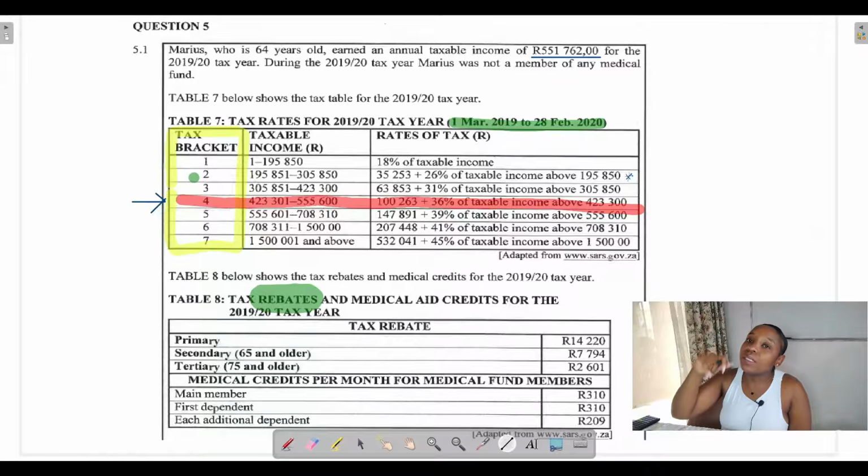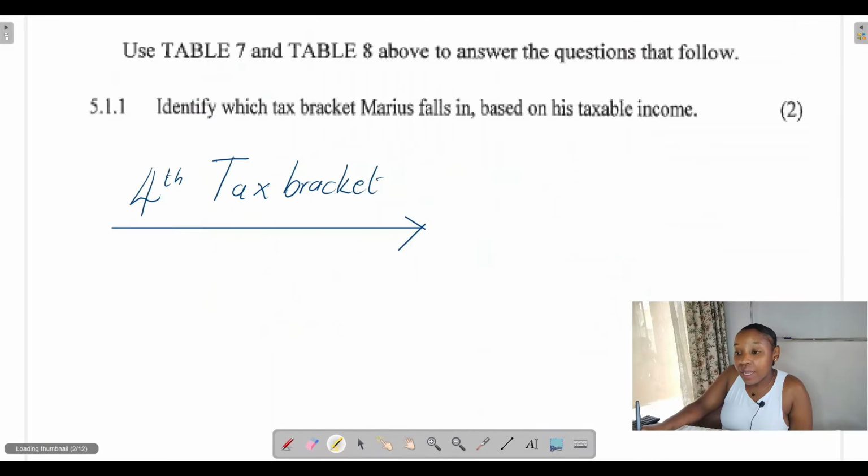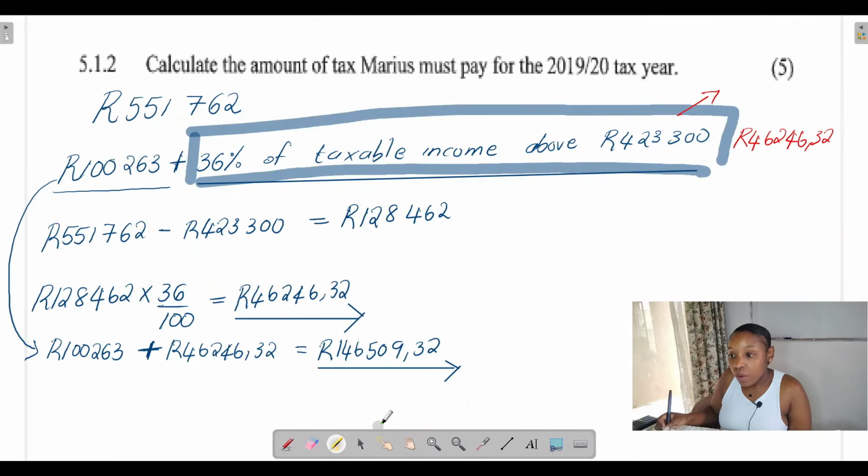So because Mr. Marais is 64 years old, that means that the tax rebate that he will get is 14,220.